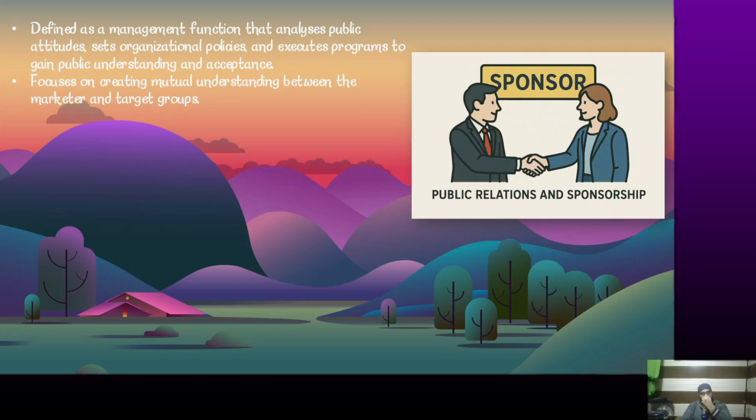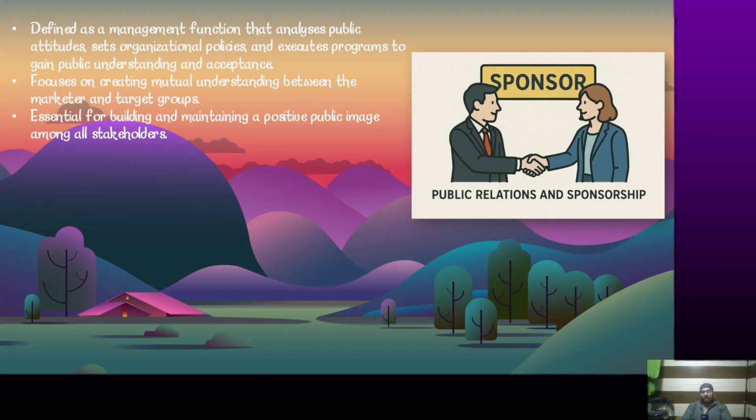So when we talk about PR, it is about creating a mutual understanding between the marketer, that is the manufacturer, and the target. If both of them are environmentally conscious, then your potential consumer will feel a sort of relationship with you. Then it is essential for building and maintaining a positive public image among the stakeholders.